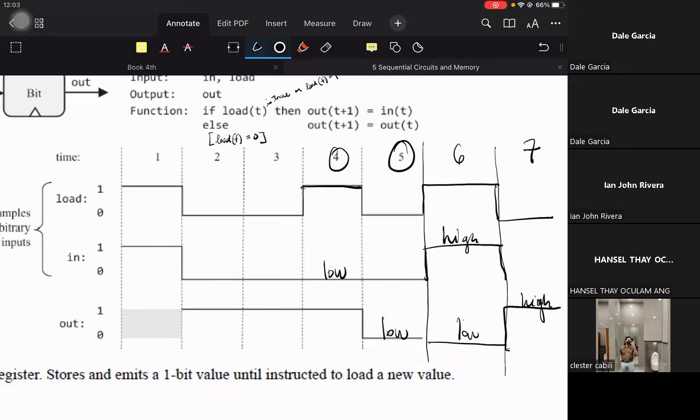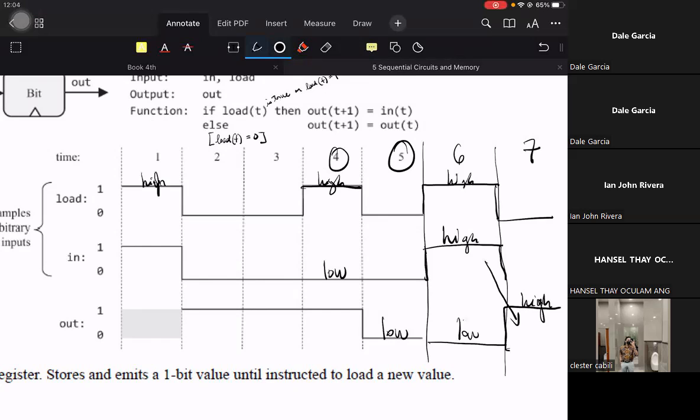So it only changes state, notice, only when the output copies the input if load goes high. Here, load went high during the first cycle, during the fourth cycle, and during our sixth cycle. Those are the times it went high.